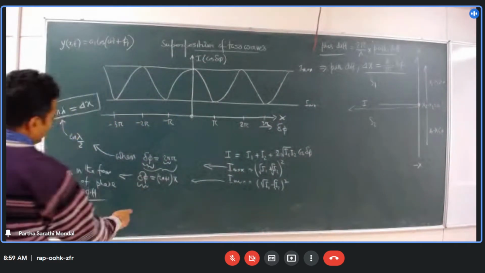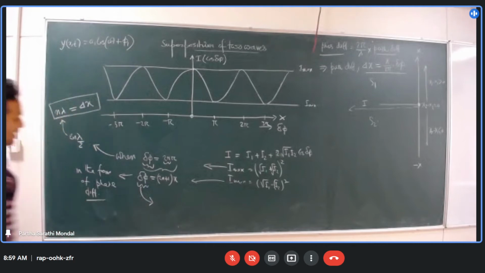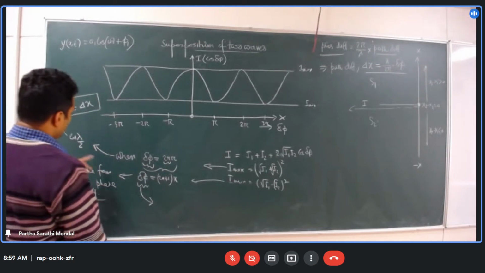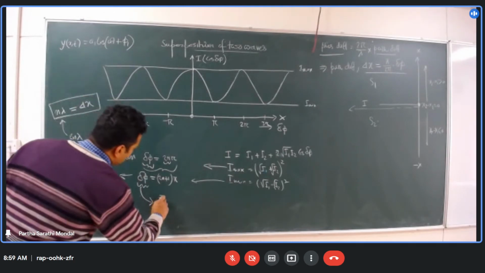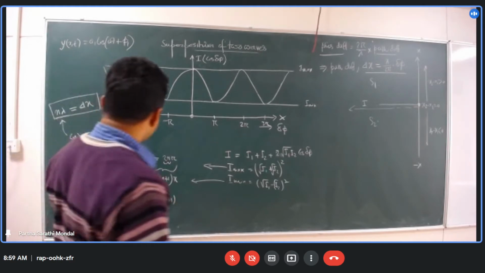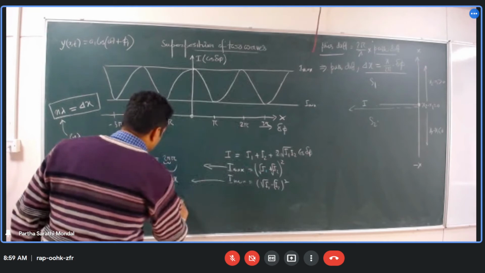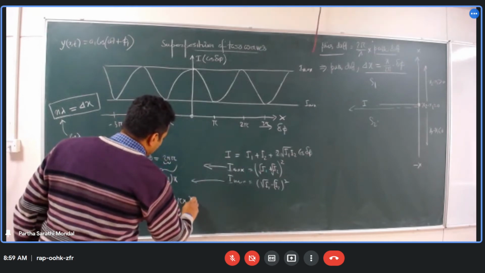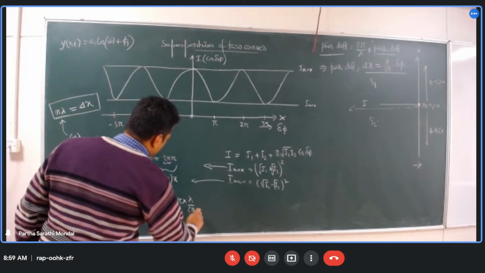Similarly, if I change this one in the form of path difference, क्या होगा? Just you have to multiply 2n plus 1 into pi, इसको multiply करना है lambda by 2 pi से.